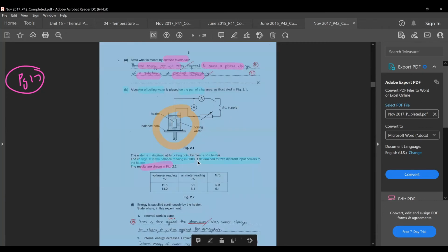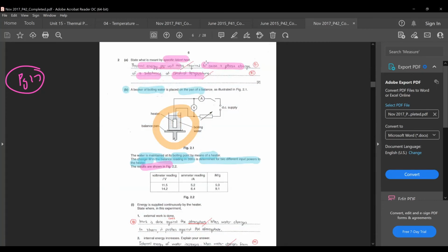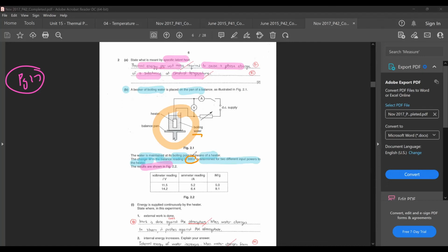They heat the liquid so that it boils, and then after that they collected the mass. They found out the change in mass, the mass of water that has boiled off in 300 seconds under two different power settings.